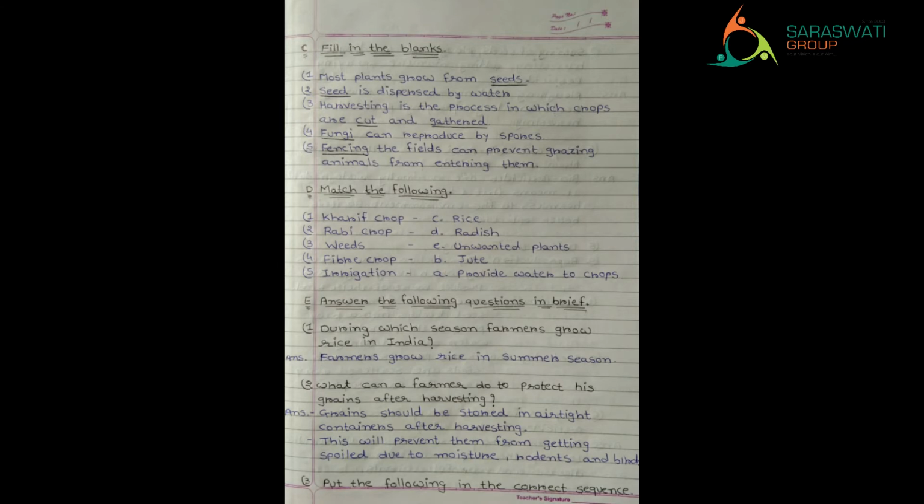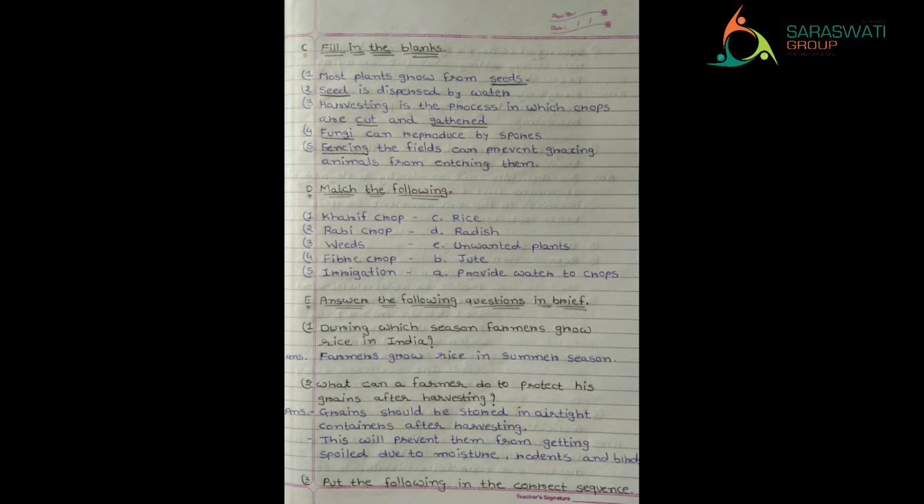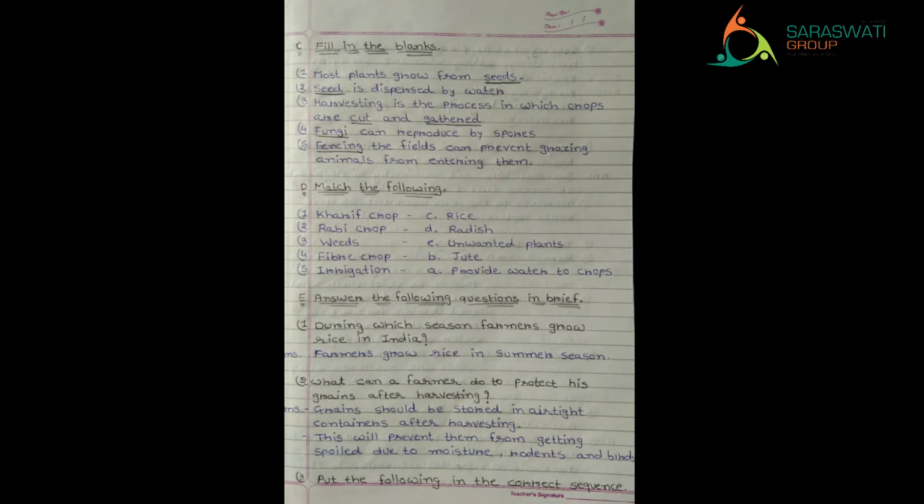Okay, now moving to the third question. The third question is, put the following in the correct sequence. Now some things are given in an incorrect sequence and we have to correct it. But first we will see what the incorrect sequence given in the question is.